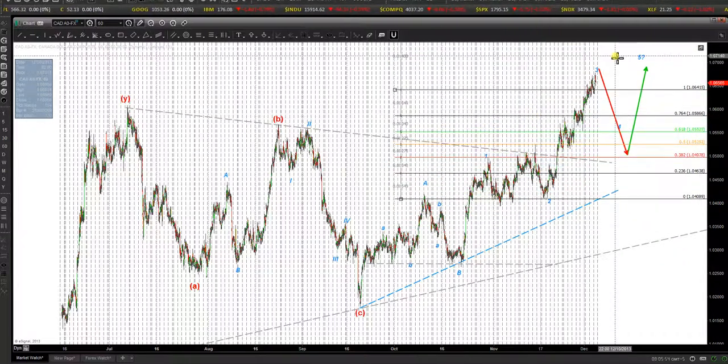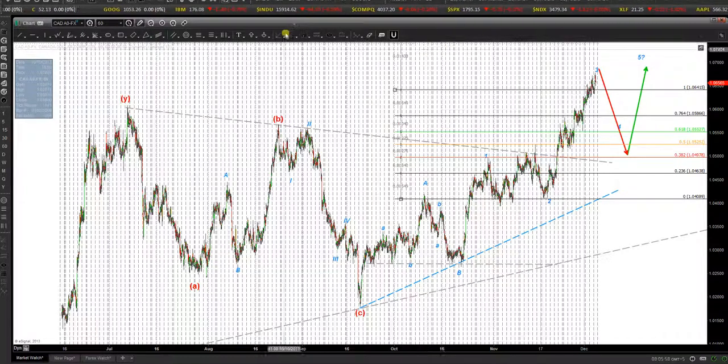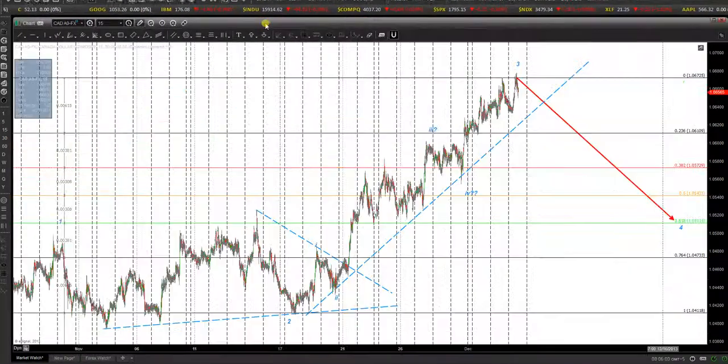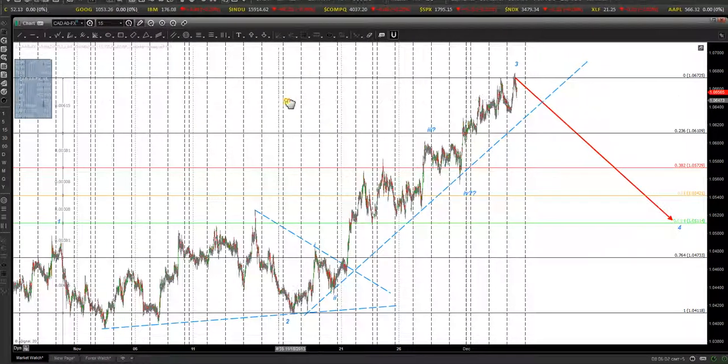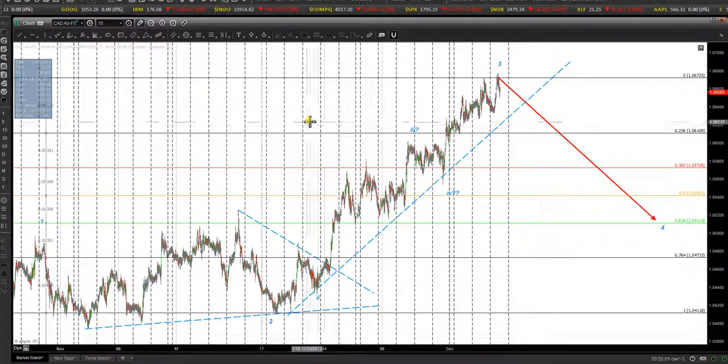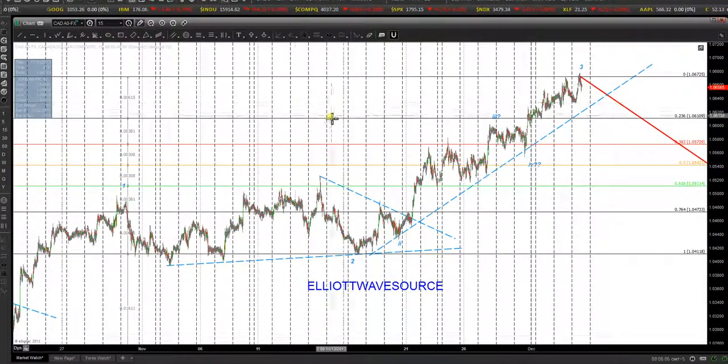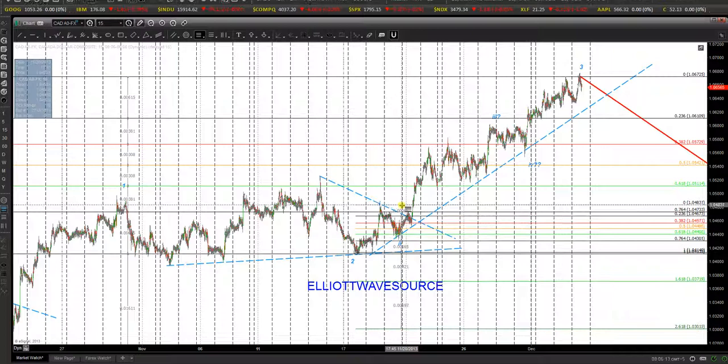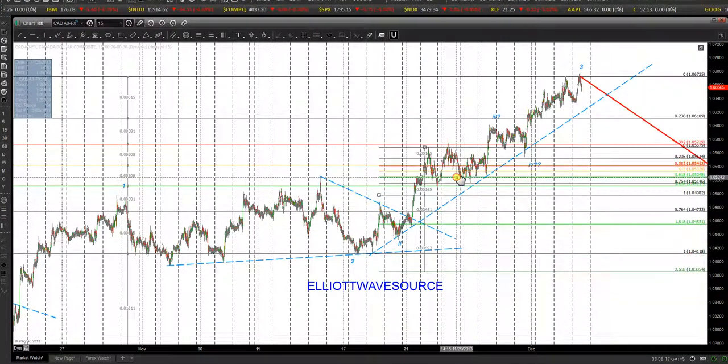We did get slightly over 100%, so expecting that move, wave 4. And the reason being is that as we jump down on the 15-minute charts to take a closer look at that wave 3, we see that we had wave 1 followed by a 61.8% correction for wave 2.